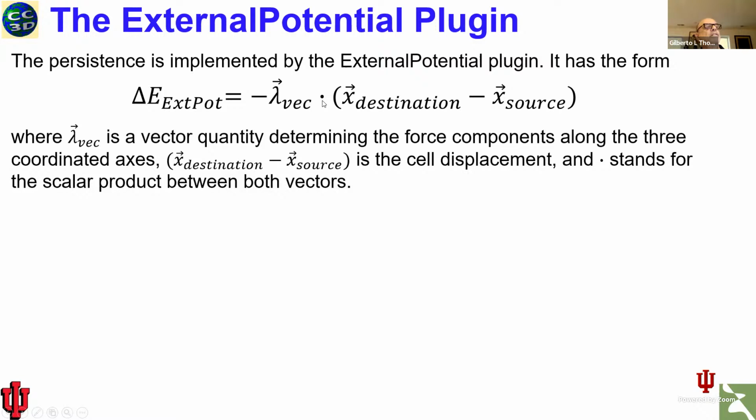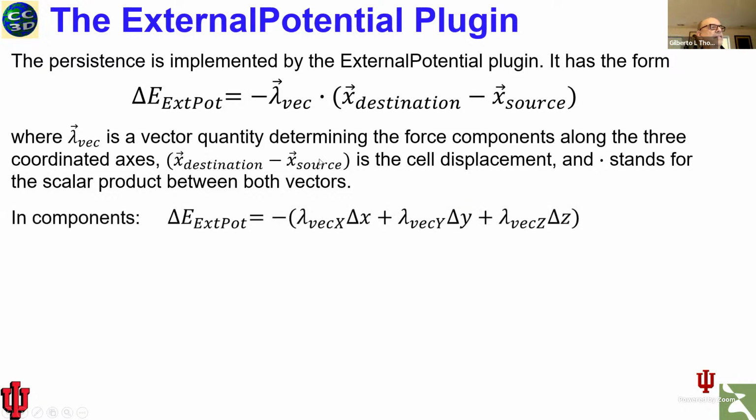It's scalar delta x, which is the displacement of the cell. Destination is where the cell is going to. Source is where the cell is. Now, if you make this scalar product here, you have 3 terms: lambda x, lambda y, and lambda z.